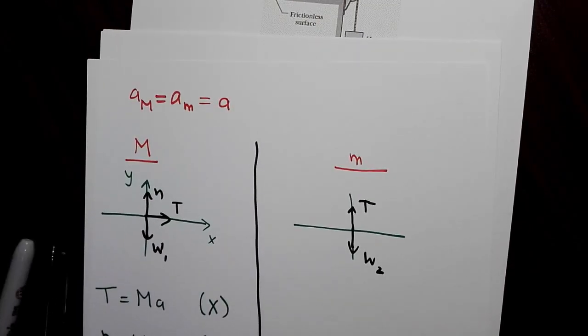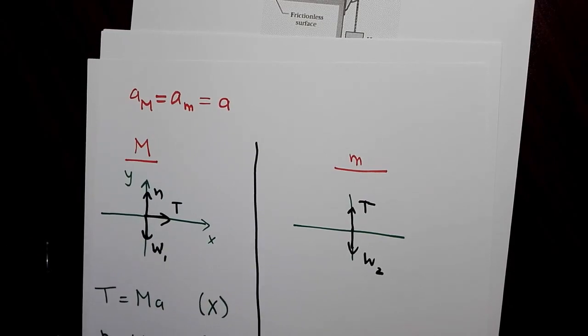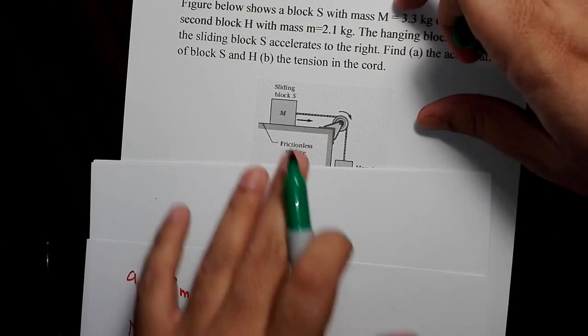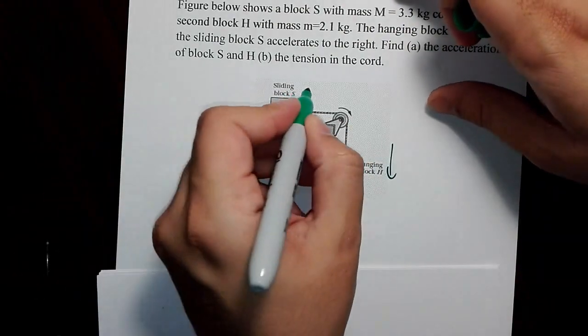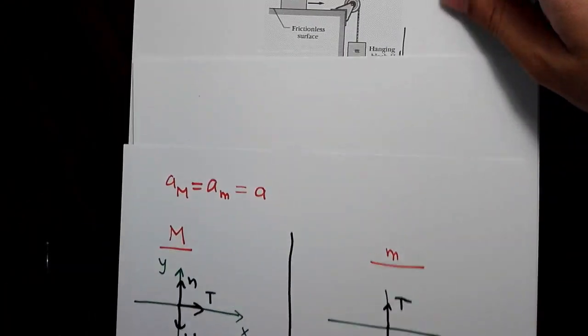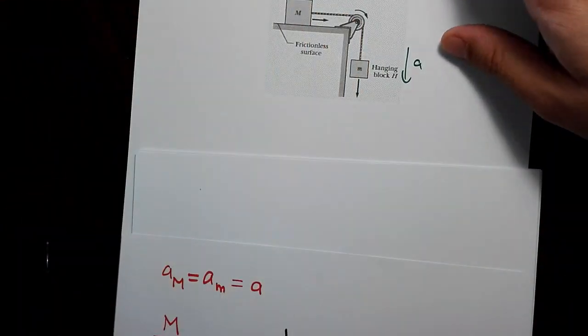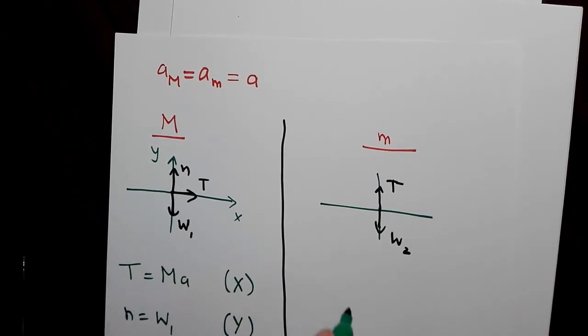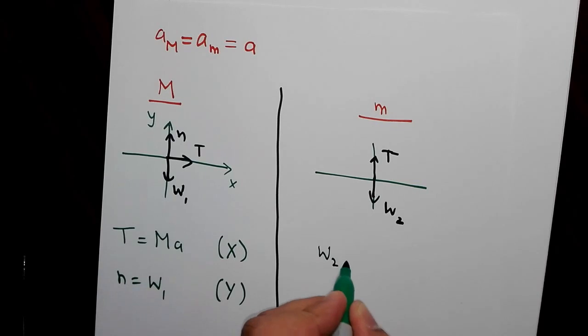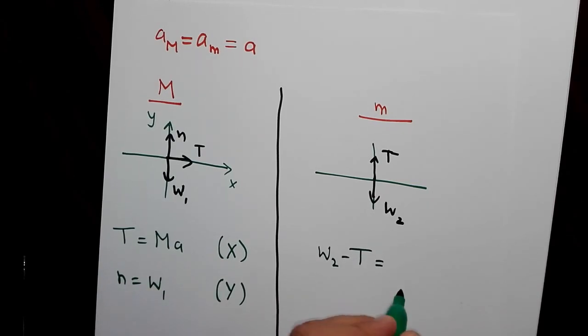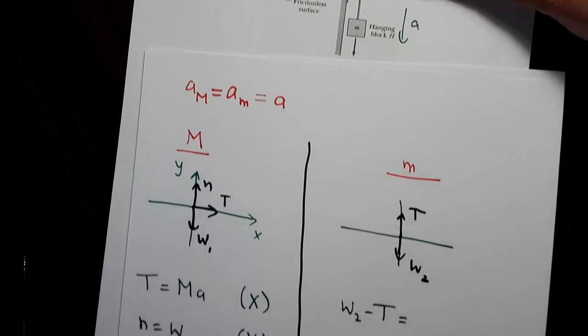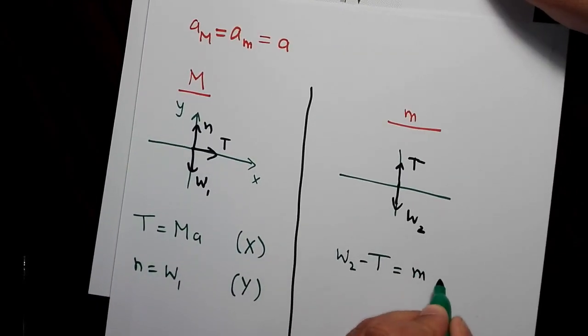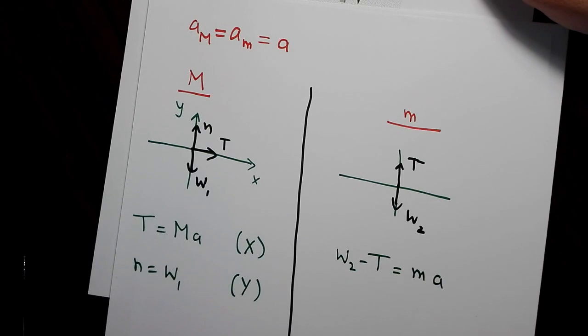For the small mass, we just have a vertical equation. It's moving in the downward direction, and the acceleration of both is the same. So we get W2 minus T equals small m times the acceleration A. So this is your one equation.